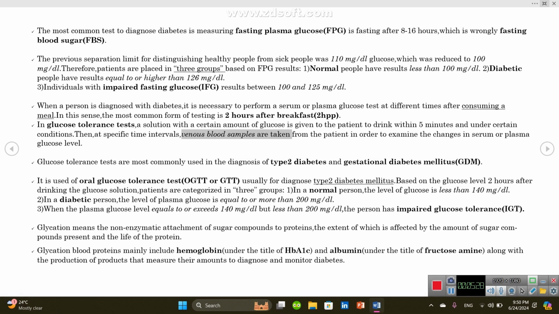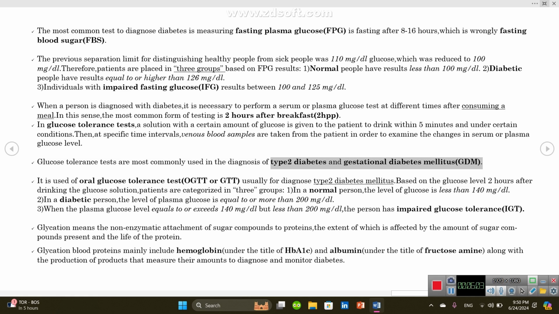Glucose tolerance tests are most commonly used in the diagnosis of type 2 diabetes and gestational diabetes mellitus, or GDM, which is searched for during the pregnancy period.